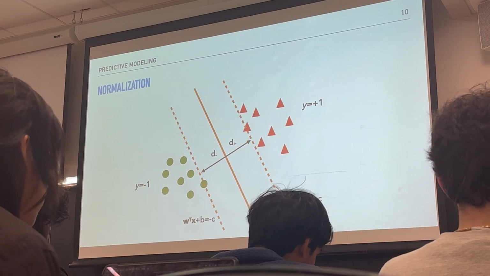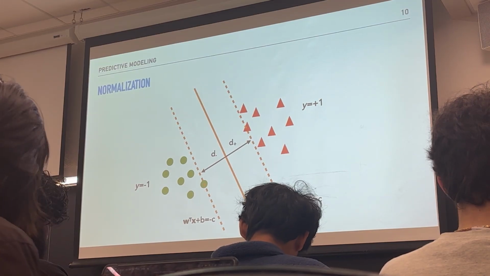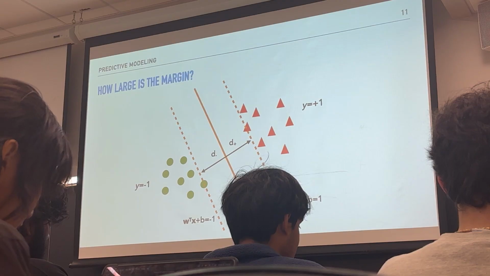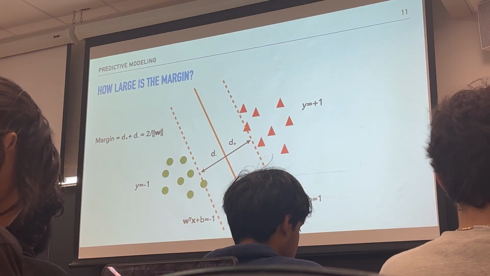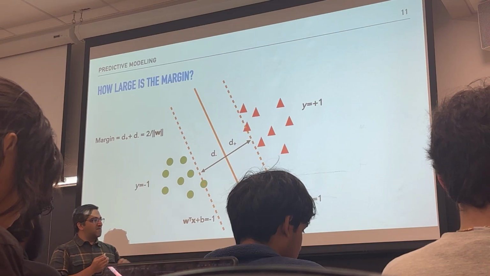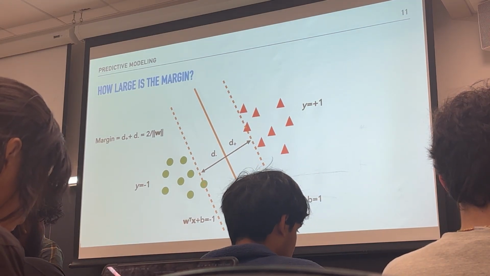It will still mark the same hyperplane. Do you agree? I'm just dividing both sides by C. So that means I can write it like this. Are we on the same page?